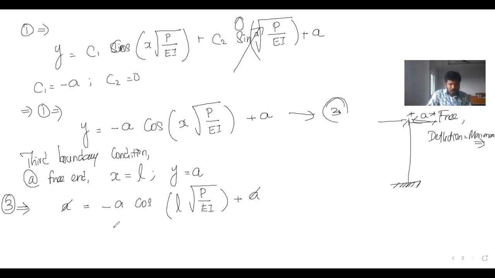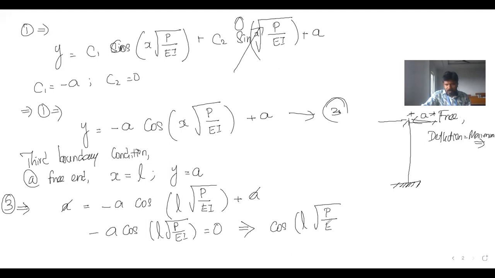Now the equation is A into cos L into root under P by EI is equal to 0, so that it becomes cos L into root under P by EI is equal to 0.